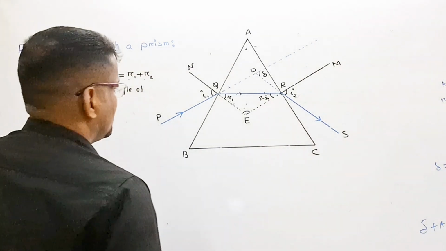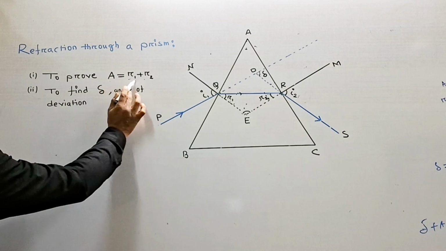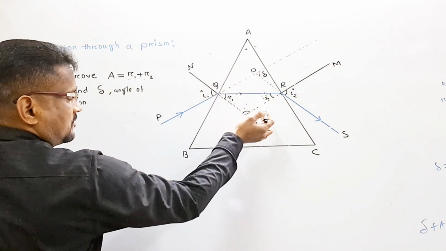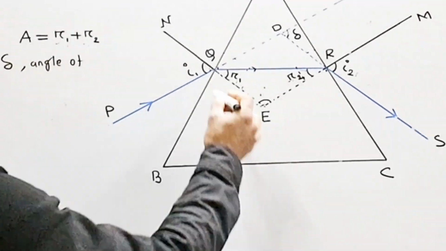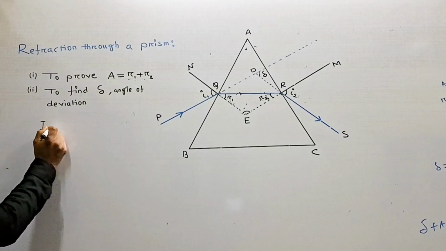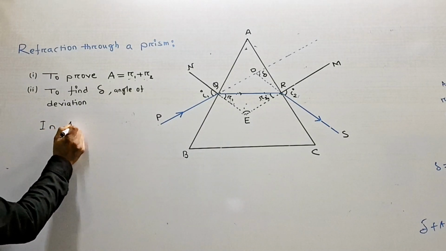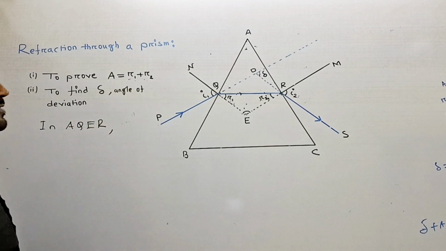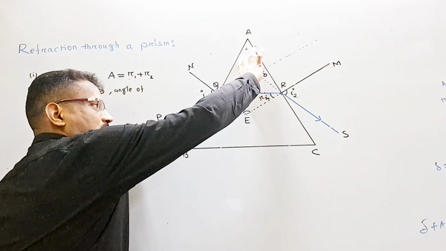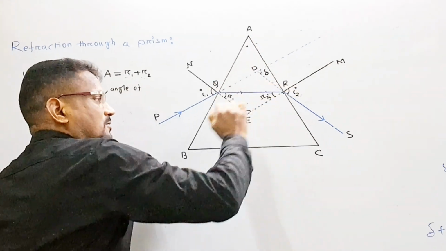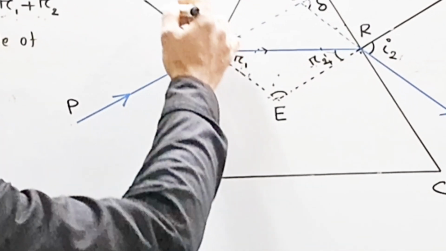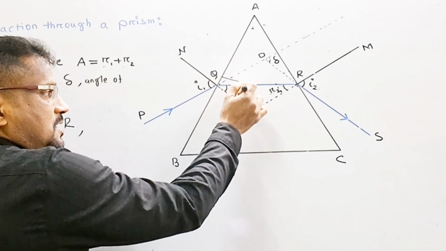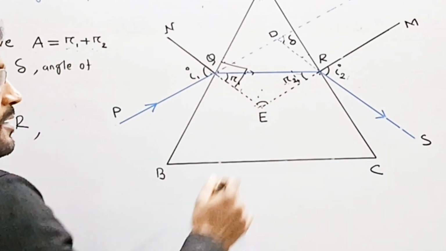After that, your aim is to show A equals R1 plus R2. That is, the angle of prism is the sum of these two angles. For that, consider the quadrilateral AQER. Here you see, this is perpendicular to this surface, therefore this angle is 90 degrees.